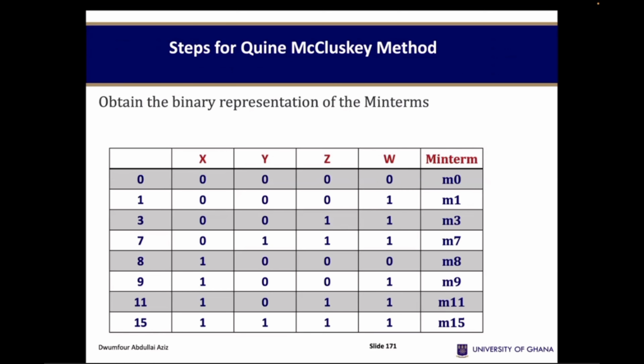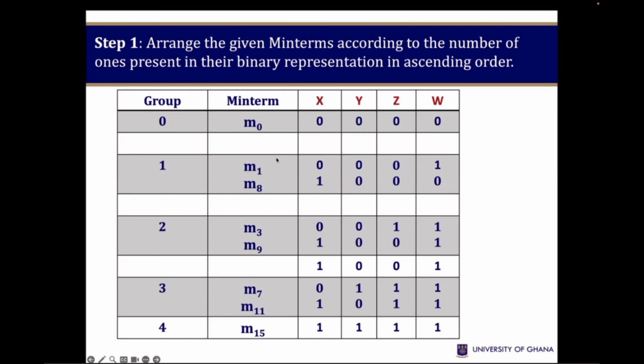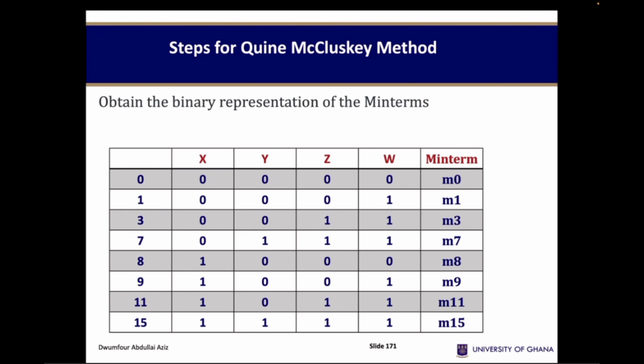Let's check. We have M3 and M9. Yes, so M3 and M9 are also here. Then we move on to group 3. M7 and M11, M7 and M11.